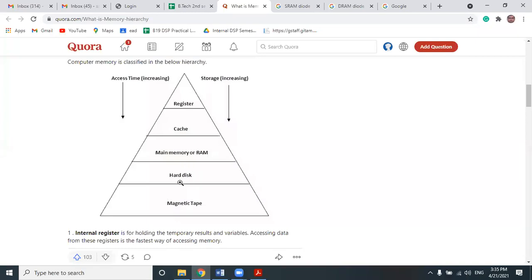Then it is followed by the secondary memory. Hard disk is a part of the secondary memory, and then the magnetic tape, which you can also say is a part of the secondary memory. Tertiary memory is not shown here because it works as an external storage device and is not part of the computer system. That's why it is not shown in the pyramidal structure.